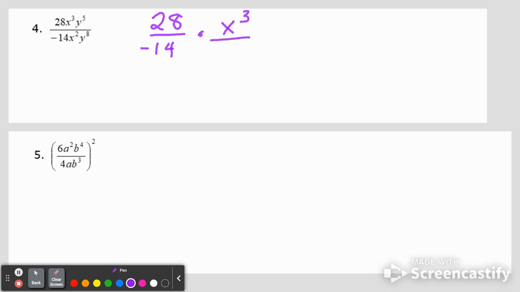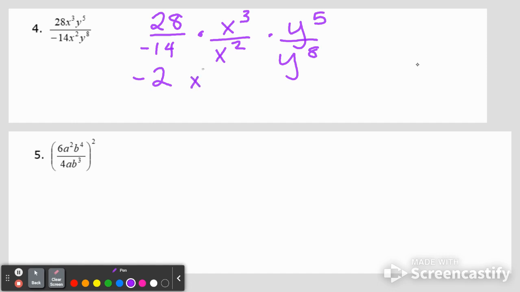So I'm going to split up all the x's, and I'm going to split up all the y's, just like that. So now I can divide here. 28 divided by negative 14 will leave me with negative 2. x to the third over x squared. So we can just use our law of exponents.